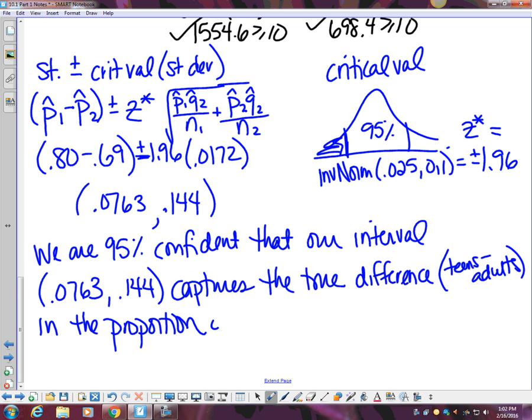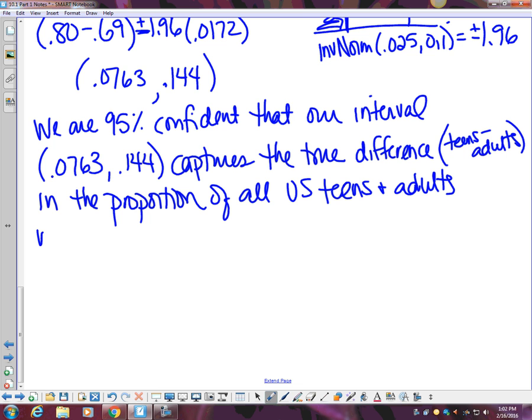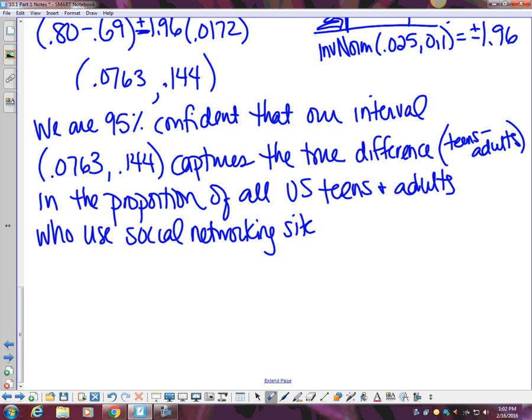So in the proportion of all U.S. teens and adults who use social networking sites. All right, ta-da, there's our problem start to finish.